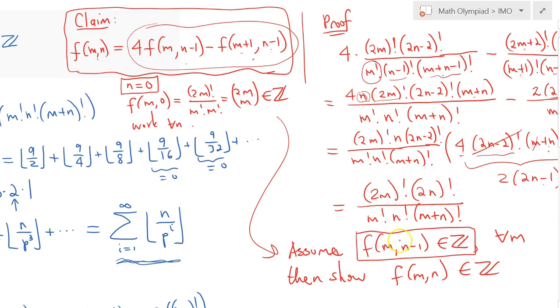But this is obvious, right? Because if you know that this one is an integer for all m, then look at what it is. It's the same thing, n minus 1, n minus 1 here. It means that regardless of the m here, this is an integer. So this is an integer, and boom, this one is also an integer. Integer minus integer, you get an integer. And claim proven, right?